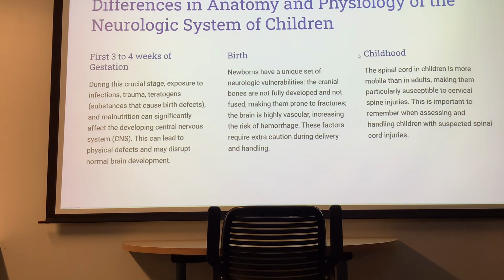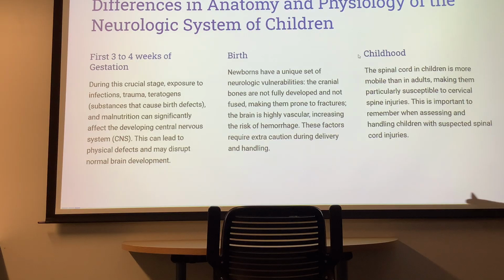So let's talk about some differences in anatomy and physiology of the neurologic system. So when does your neurologic system really start to develop? In utero, what time? Right away. Okay, it's one of the first things, right?